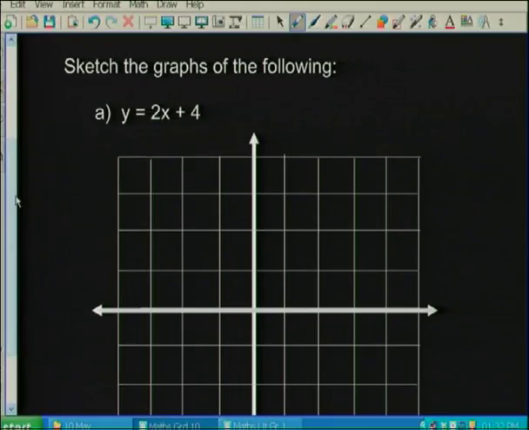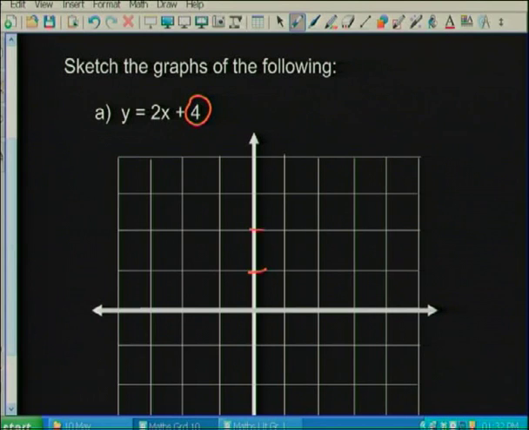So let's have a look at how to sketch y is equal to 2x plus 4 using the dual intercept method. Firstly, I have a look at my C value, and my C value is 4. That gives me the y-intercept, so my y-intercept is over there at 4. Remember, it's very important to indicate that point.